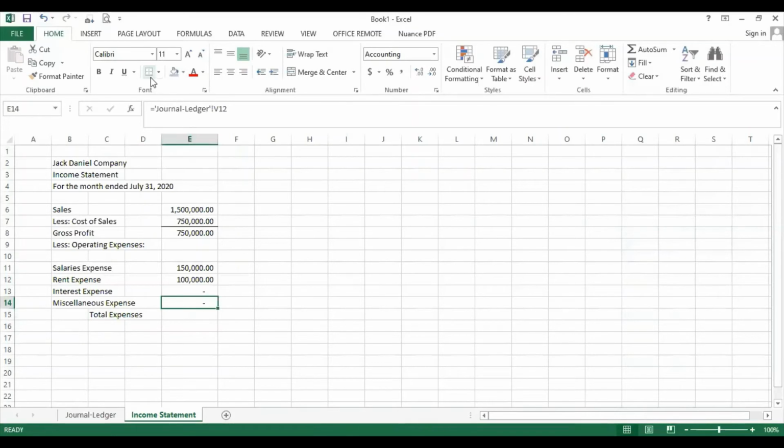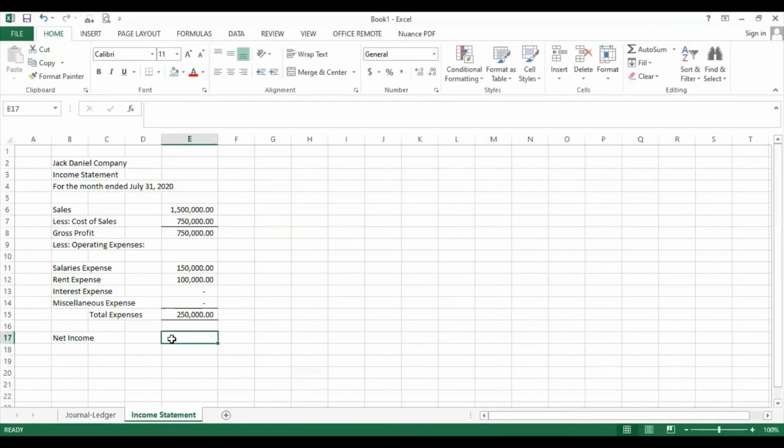So here, bottom border, so we will just press auto sum to sum up all our expenses. You now have total expenses. Okay, so you now have gross profit less operating expenses is equal to net income for the period.